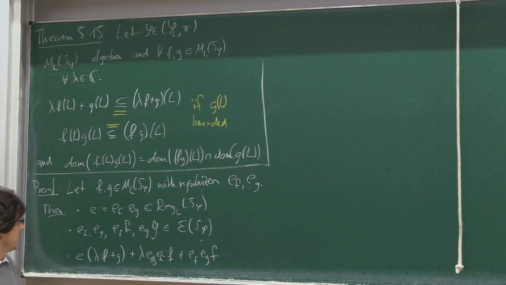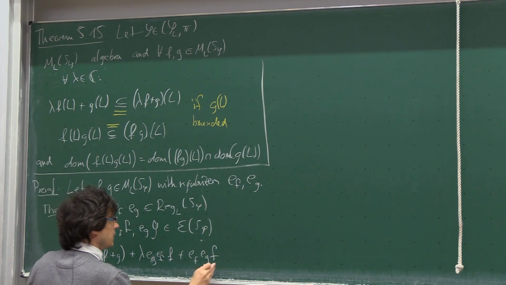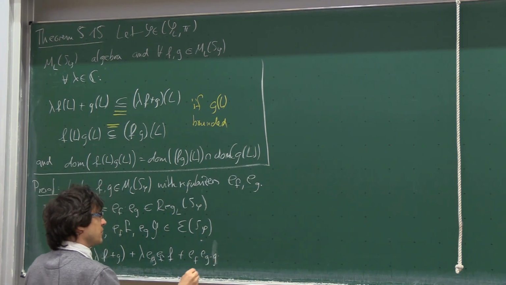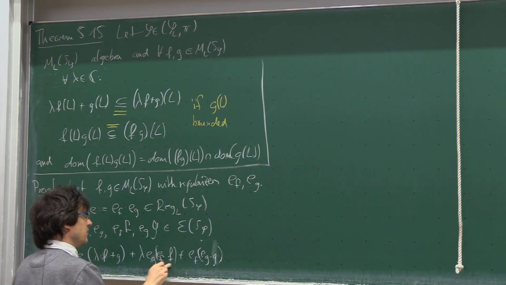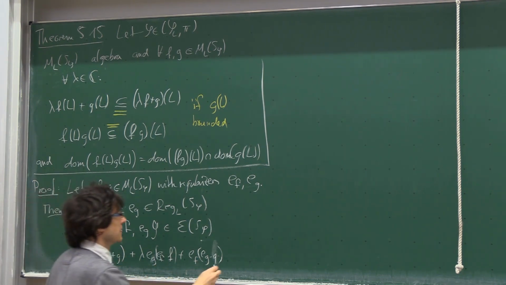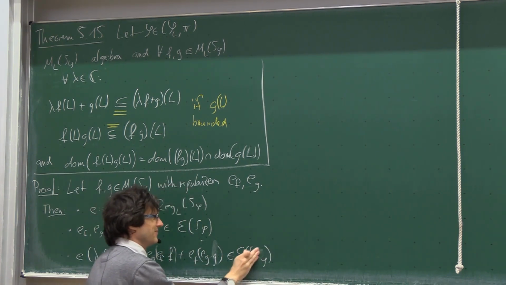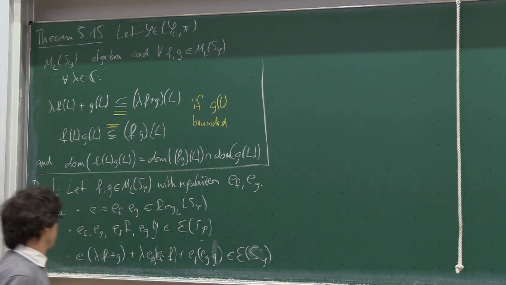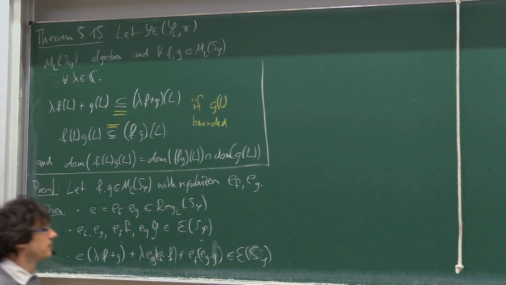Now you see this function is a sum of two functions which are products, and every factor here is in the Dunford-Riesz class. The Dunford-Riesz class is an algebra, so this is in the Dunford-Riesz class. And this means that lambda F plus G is regularizable by E, so it's a regularizable function.